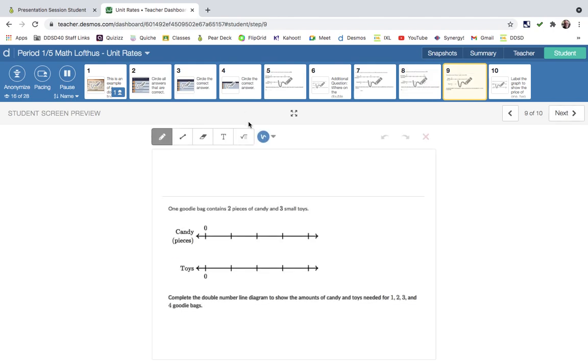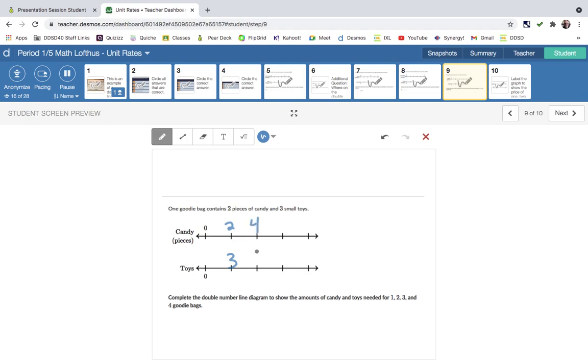One goodie bag contains 2 pieces of candy and small toys. Complete the double line graph and show the amount of candy for 1, 2, 3, and 4 goodie bags. One goodie bag contains 2 pieces of candy and 3 small toys. All right, so this one is pretty challenging. So we have to do 2 and 3, and then it has to be directly proportional.